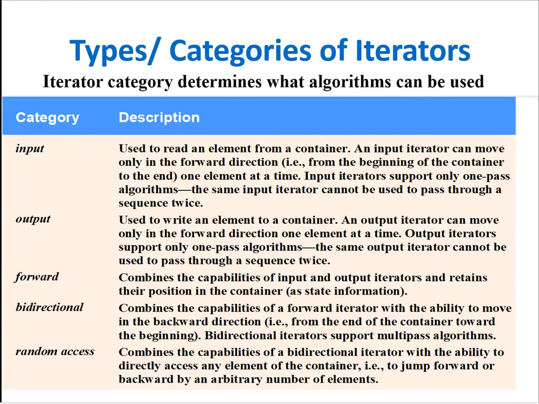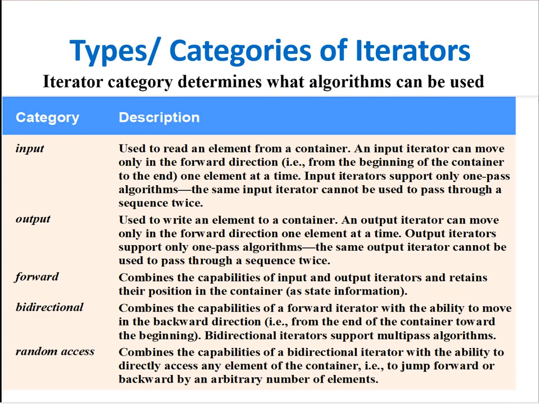Input iterator is used to read an element from the container, and it can move only in the forward direction from the beginning of the container to the end, one element at a time. Input iterator supports only one pass algorithm. The same input iterator cannot be used to pass through a sequence twice.